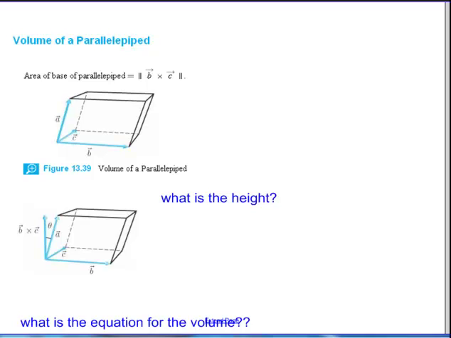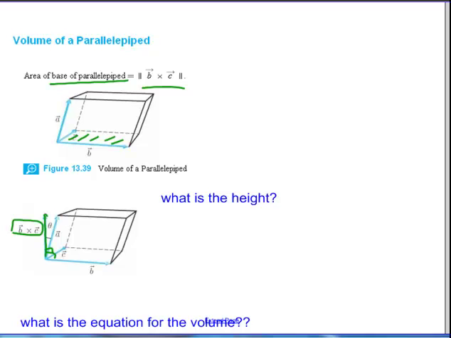So there's no right angles here. So we know that the base of the parallelepiped, which is going to be a parallelogram, is just the magnitude of b cross c. B cross c results in a normal vector that is going to be at a right angle to C and to B.